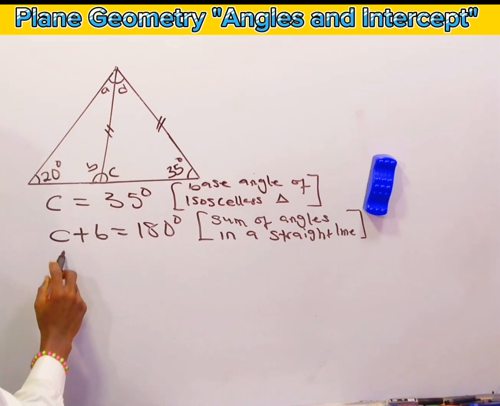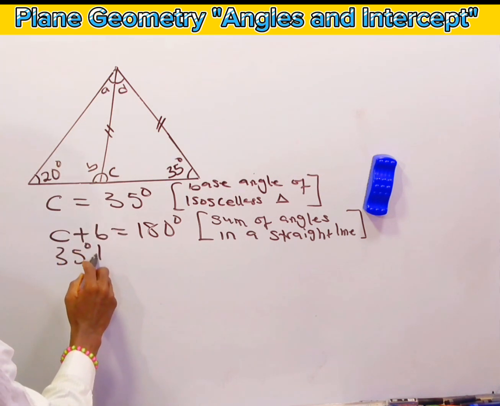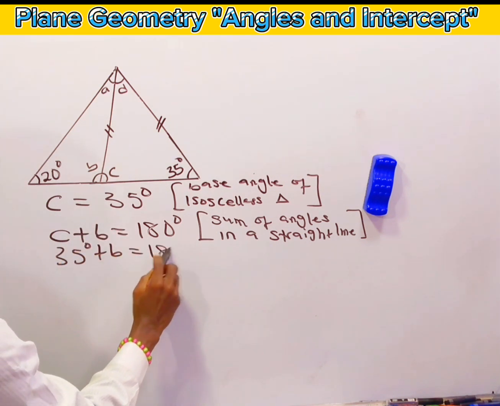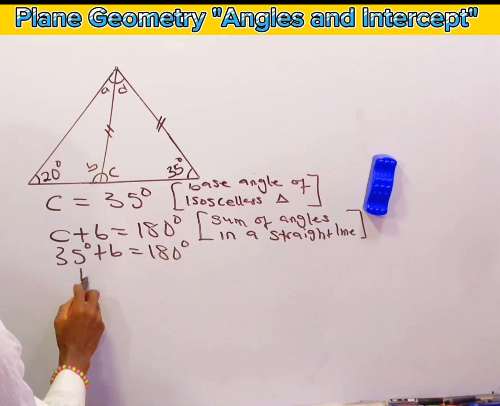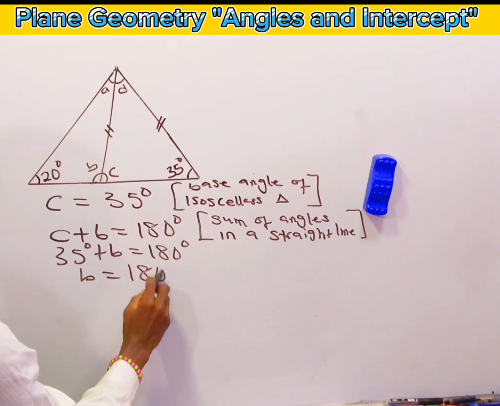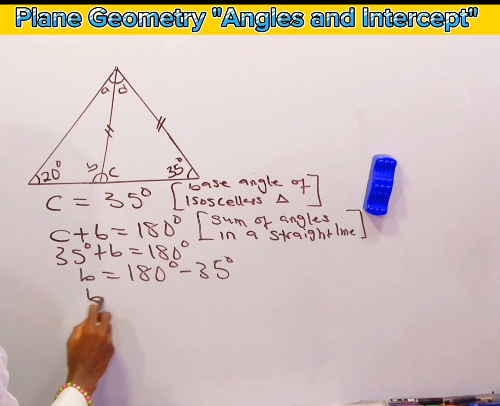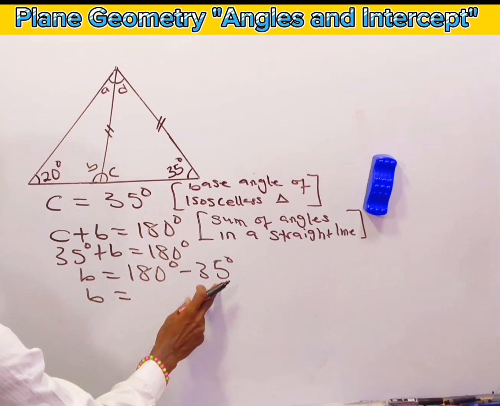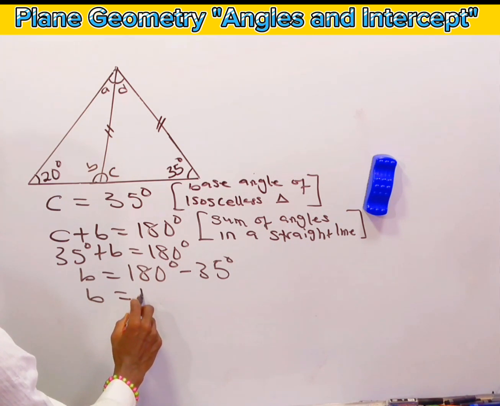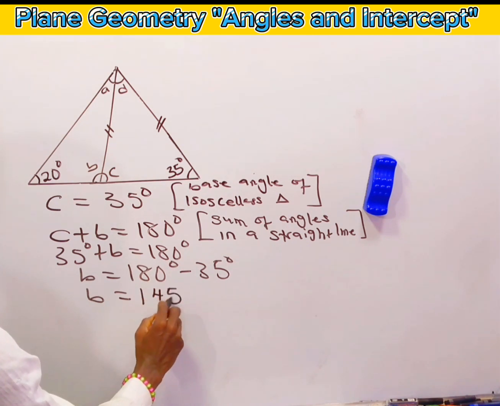And C is 35, so we say 35 degrees plus B is 180 degrees. That makes B equal to 180 degrees minus 35 degrees. B will now be 180 minus 35, which is 145 degrees.